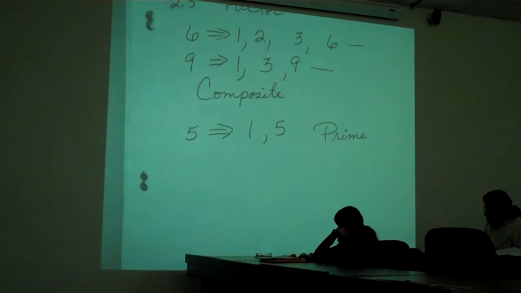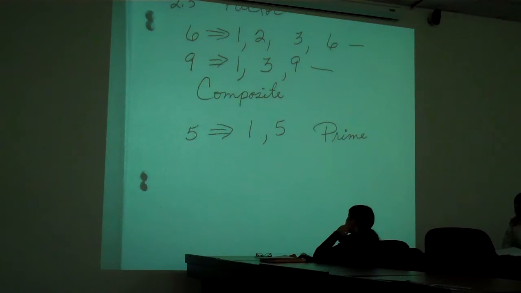Okay, a good way to remember the difference between prime and composite, have you heard of composite minerals? Like if you hear that a rock is a composite of lead and something else, I'm not a geologist.